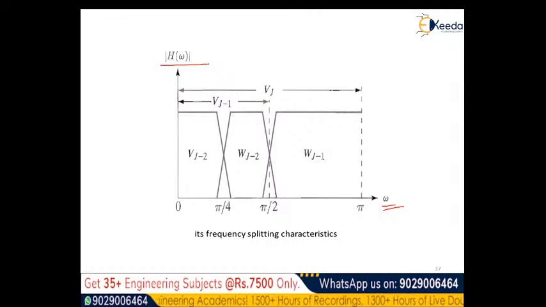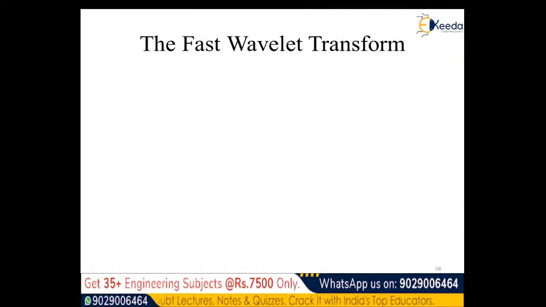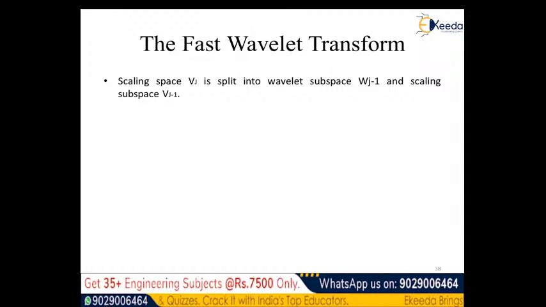The frequency markings you see are pi by 4, pi by 2 and pi here. So the scaling space v suffix j is split into the wavelet space w suffix j minus 1 and the scaling subspace v suffix j minus 1 here. The spectrum of the original function is split into two half band components.